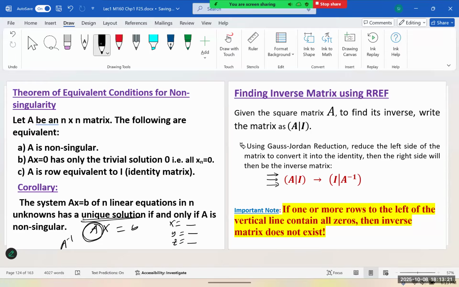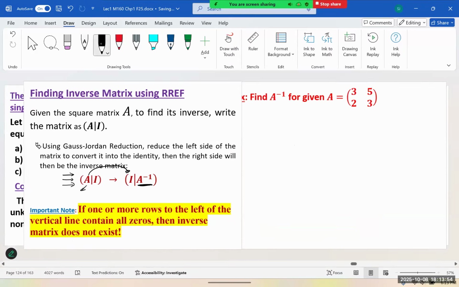Our goal is to turn the A matrix into the identity matrix. If you're able to do that, then whatever you have next to your identity matrix in the result is the inverse matrix. If one or more rows of the left matrix are 0, then the inverse doesn't exist.